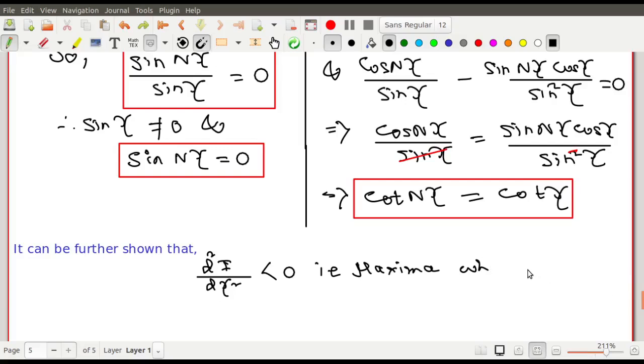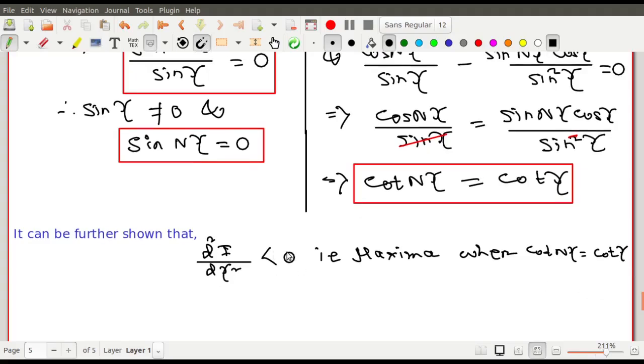So when cot n gamma equals to cot gamma যখন satisfied হয় তখন এটা আসে। It can be further shown that this one is less than 0, that is maxima when cot n gamma equals to cot gamma, and d2I d gamma 2, this is greater than 0.